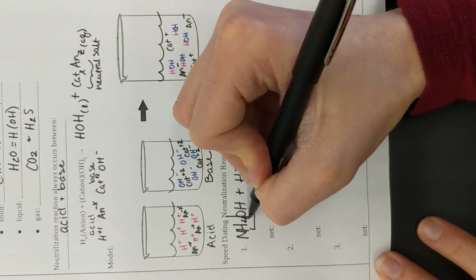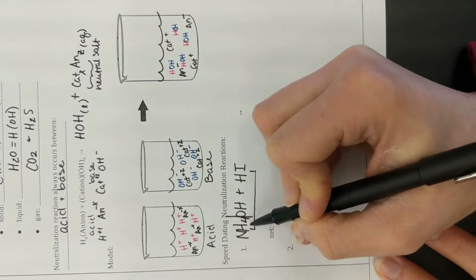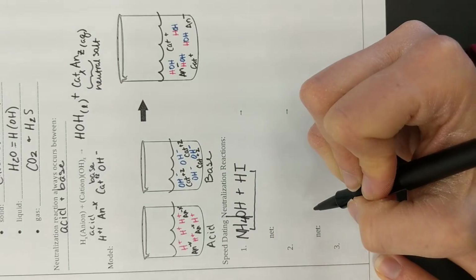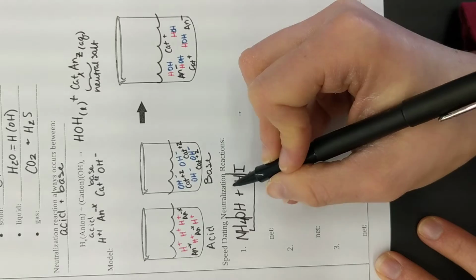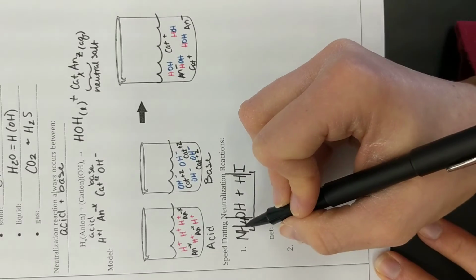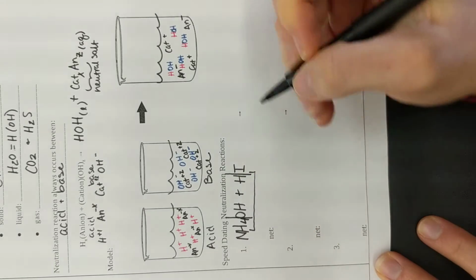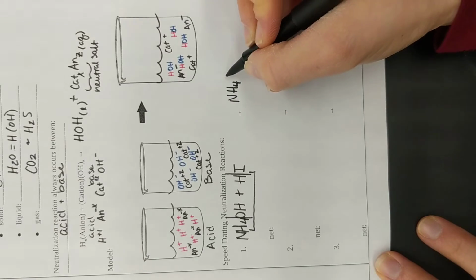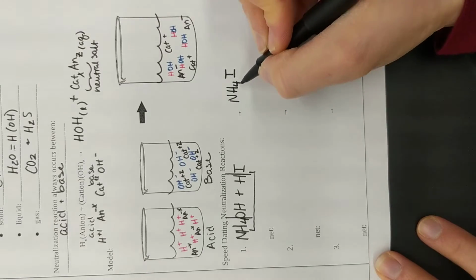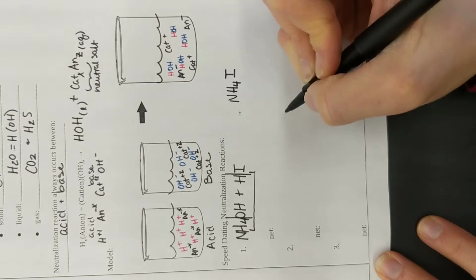So we have an exception, one of our ninja ions. Here's our polyatomic ammonium, and here's our monatomic anion. So we're going to put outside ions together. Ammonium has a charge of +1. Iodide has a charge of -1. So when I cross and smush, their subscripts are 1 and 1.